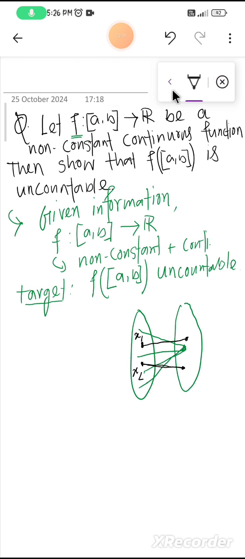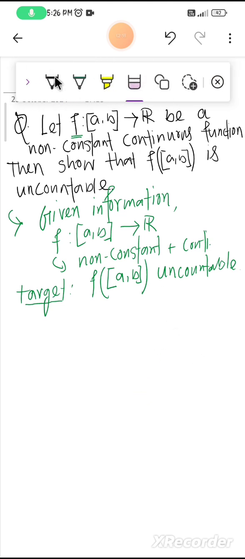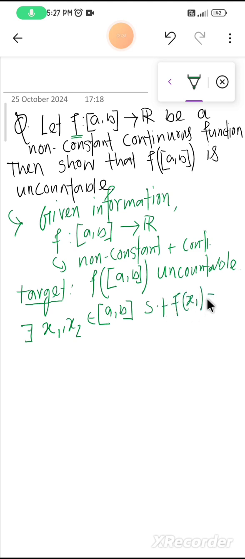So we write this. Since the function is a non-constant function, there exist x1, x2 belonging to the closed interval ab such that the images of x1 and x2 are different, such that f of x1 is not equal to f of x2.